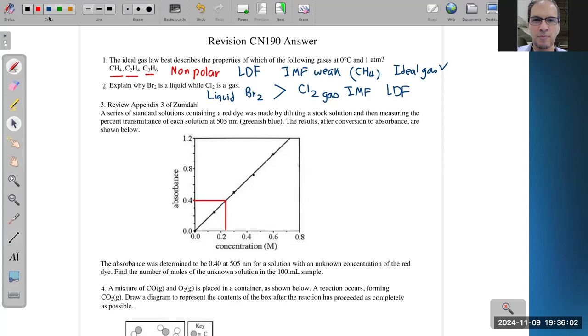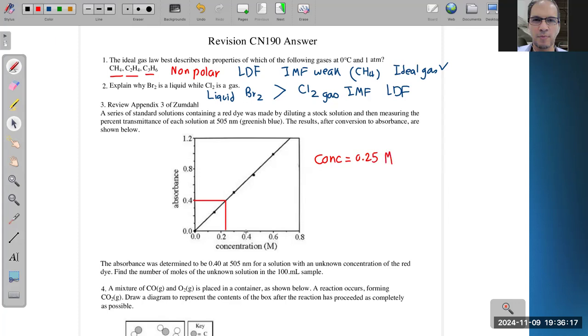Of course, my drawings in the exam will be more accurate. When I find the concentration, it will be almost 0.25. So concentration is equal to 0.25 molar.